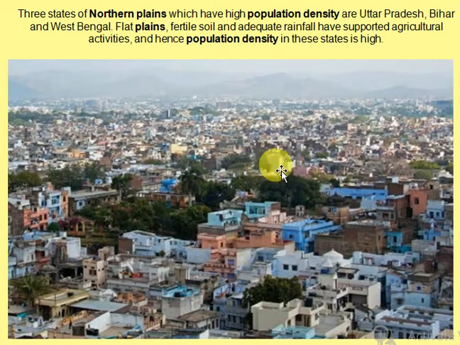So that is why the northern plains have thick and dense population: the fertile soil and adequate rainfall have supported agricultural activities and population density, and along with this, a good network of roads and railways and other facilities, as I have discussed, are very important factors of thick population in these areas.